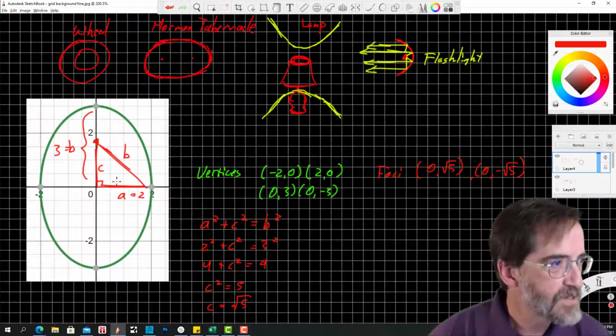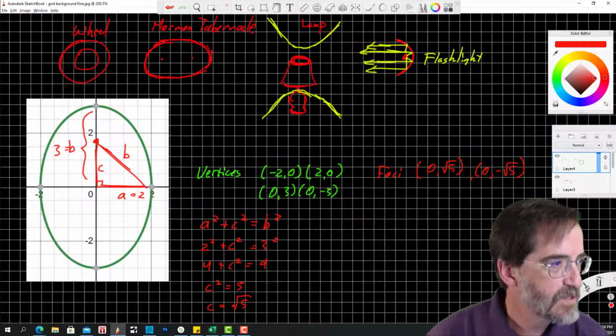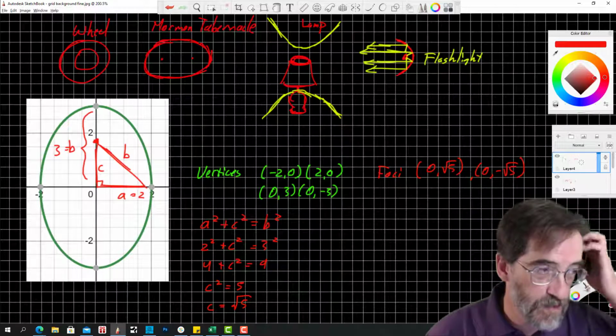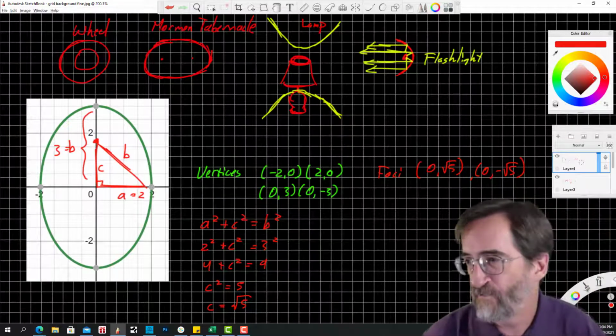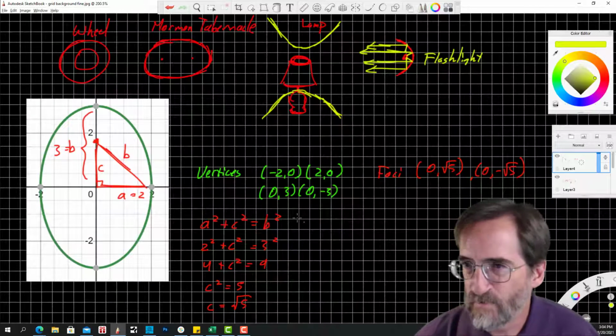Now, it asks us to either halve or double the distance between focus and directrix. And so let's double the distance between focus and directrix while keeping everything else the same. So while keeping everything else the same, we're going to double this.